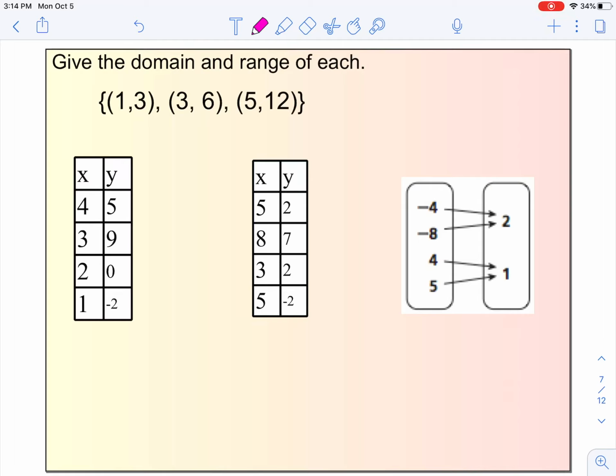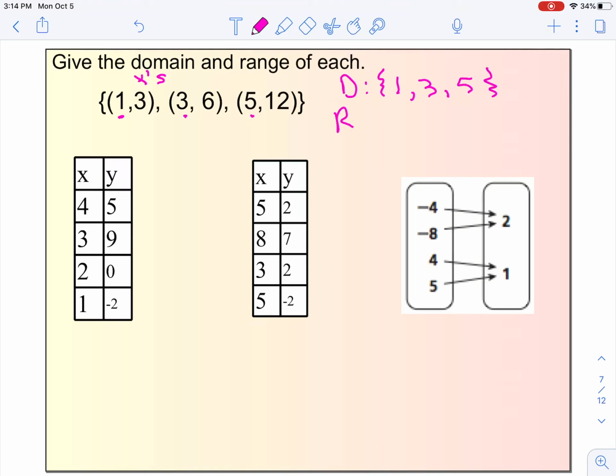So your domain, remember, is the set of all x's. So what are my x's? I have a 1, a 3, and a 5. So my domain, I'll just use a D for it, is the set of numbers 1, 3, and 5.